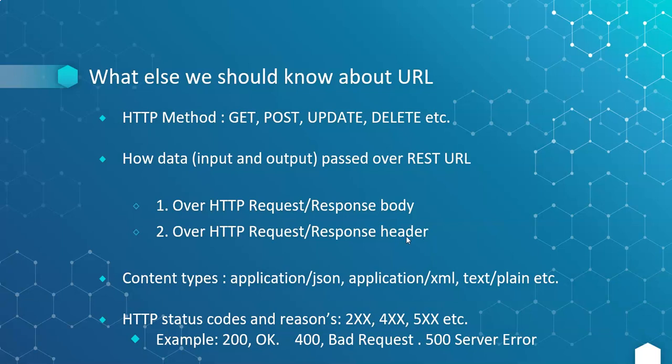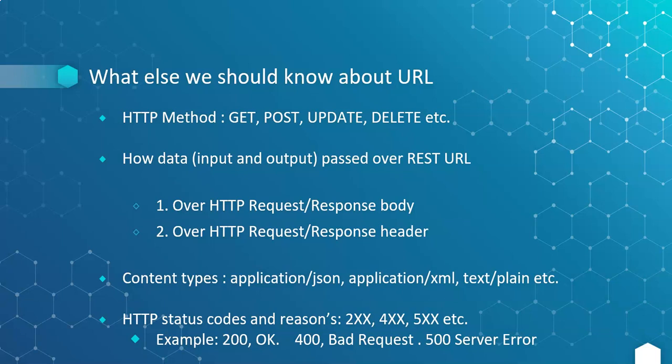Just we need to remember one thing. In the request header, we will send either headers or query parameters or URI parameters. In the request body, we usually send the application data that needs to be transferred between the applications as application/JSON or application/XML or using any other content type.